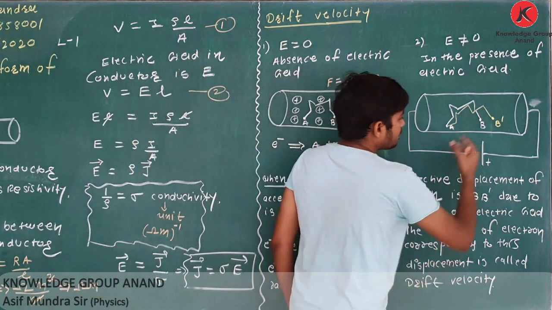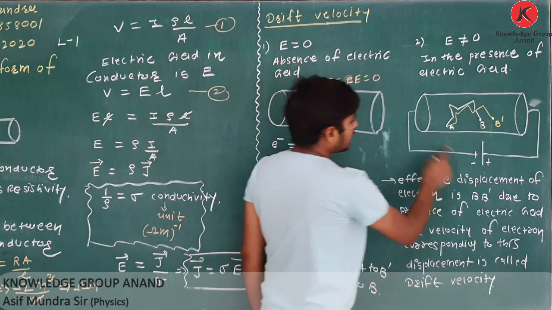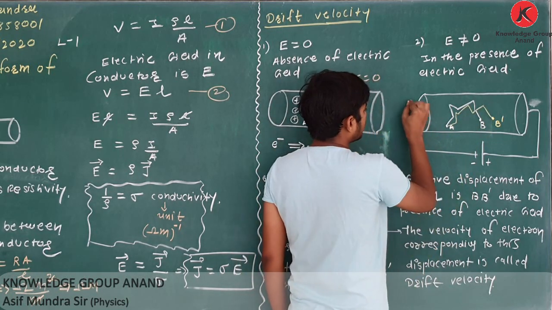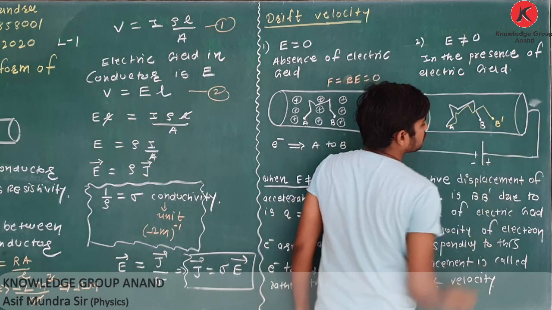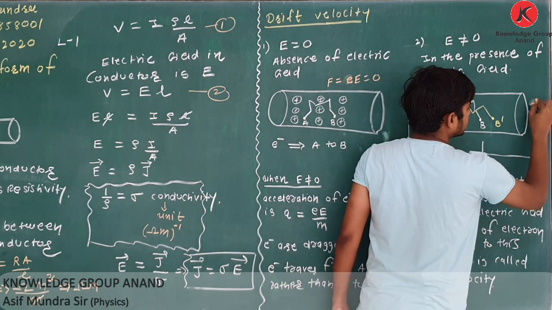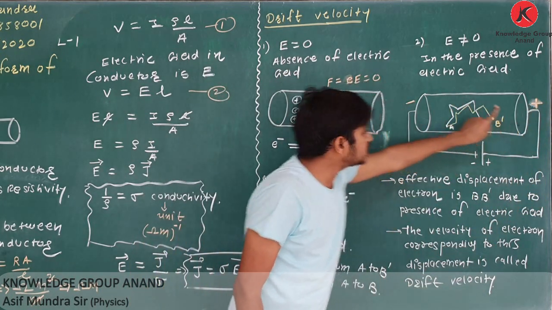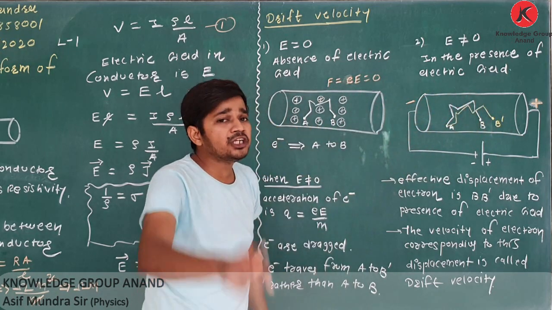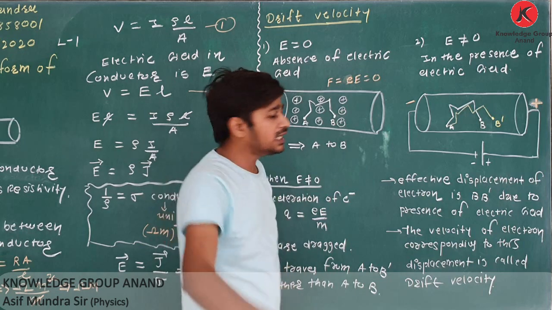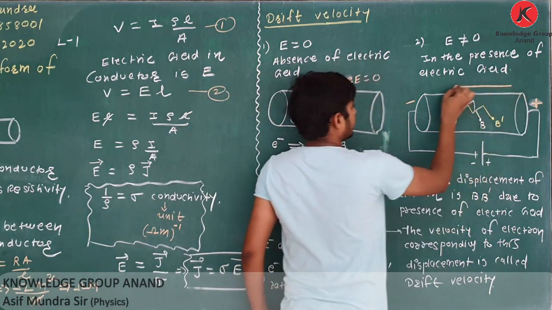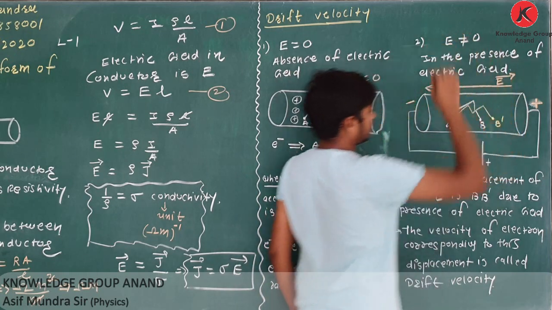Now when this conductor is connected with the cell, as this end is connected with the negative terminal, potential at this end is negative. This end is connected with the positive terminal, so potential at this end is positive. Due to this, electric field is produced in the conductor in this direction.